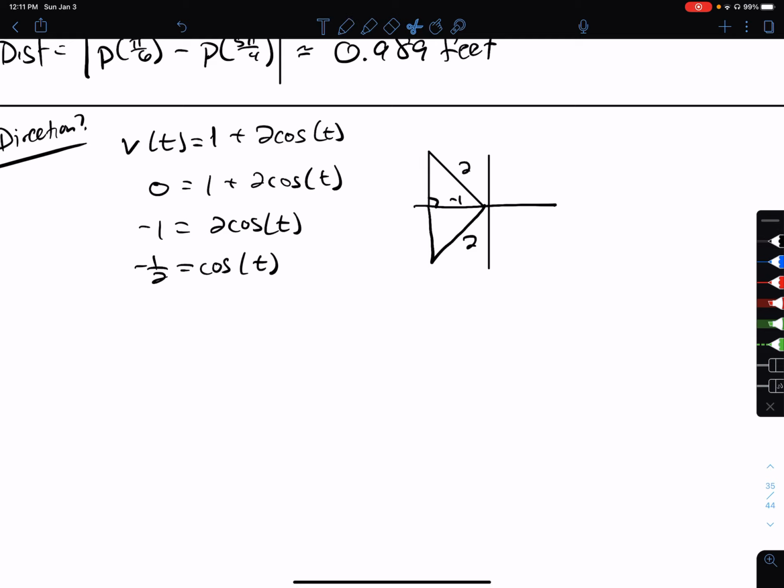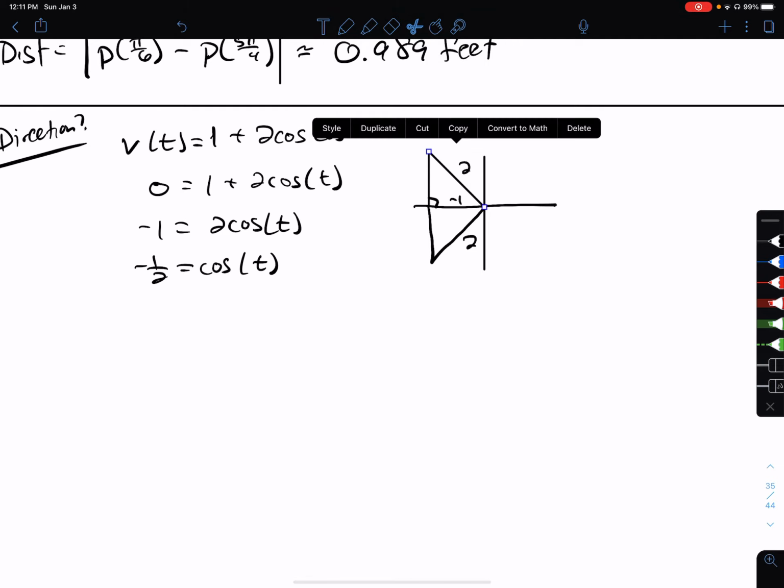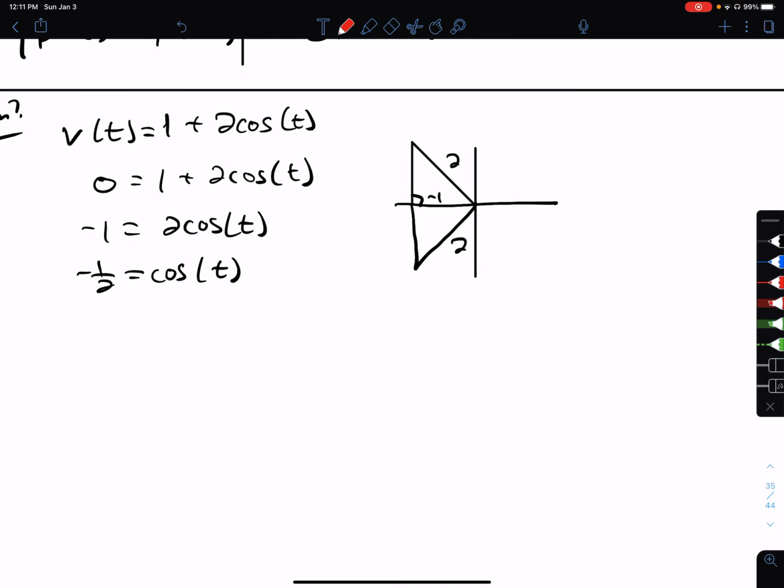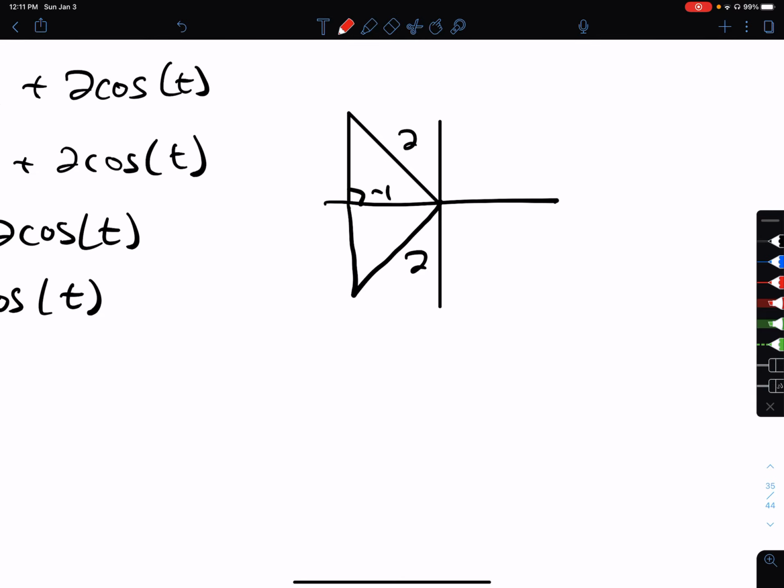I have to know my special right triangles. If a leg is 1 and the hypotenuse is twice that, that must mean that I'm dealing with a 30, 60, 90, and in radians, that would make this pi over 3, makes the small angle pi over 6.